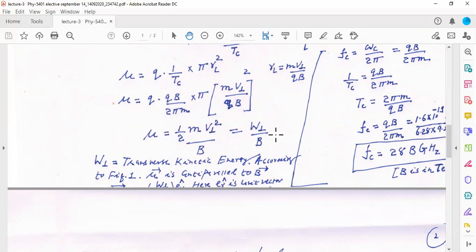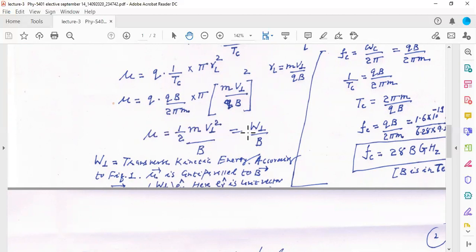Suppose I write the unit vector e_R caret. And if you want to write down the direction of the magnetic moment vector, I should write a minus sign here.